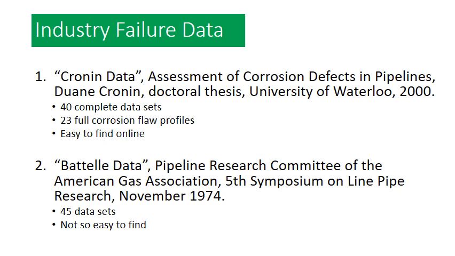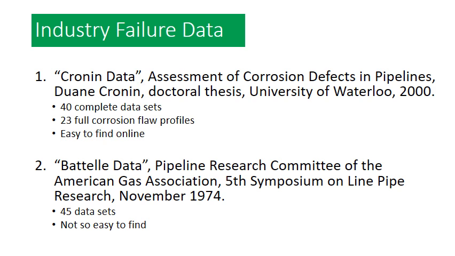So that allows me to demonstrate not only the simple form of the GEM equation, but also my level 2 ELM algorithm, and I can demonstrate to you how much of an effect that level 2 algorithm has on failure pressure predictions. Anybody that's in the business that wants to play around with numbers, the Cronin data is easy to find online. If you just do a Google search on Dwayne Cronin, Waterloo University, you'll be able to find it fairly easily.